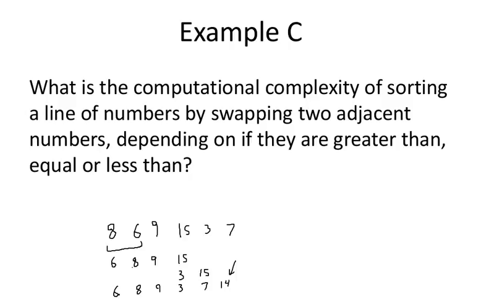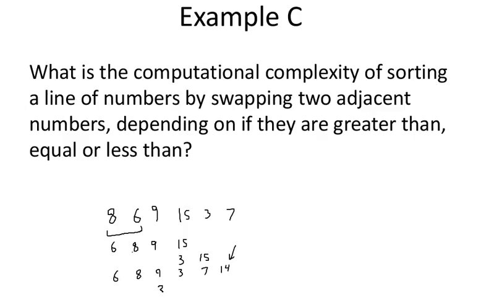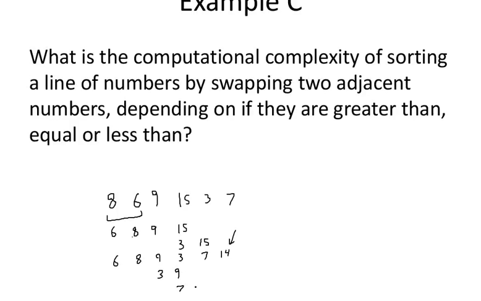And you restart. You count through 6 and 8, 8 and 9, 9 and 3. You will have to swap the 3 and 9. You will have to swap the 9 and 7. So that becomes 7, it becomes 9, and 15 is in the correct place. And so in fact 15 will always be in the correct place.